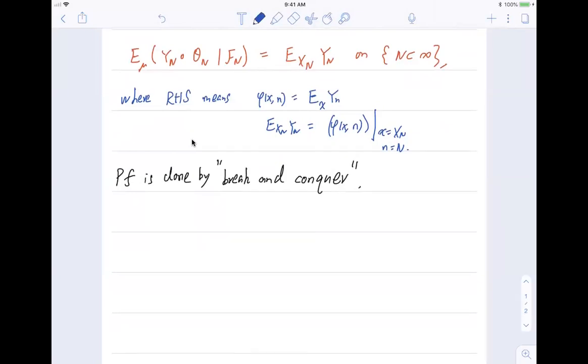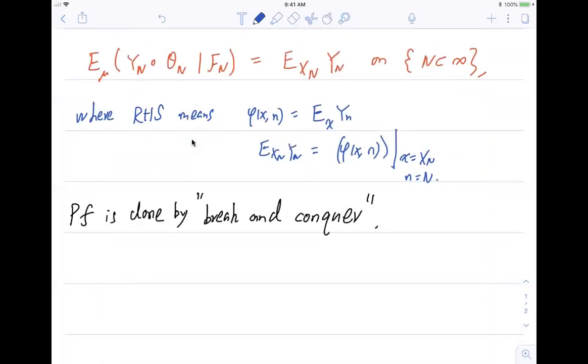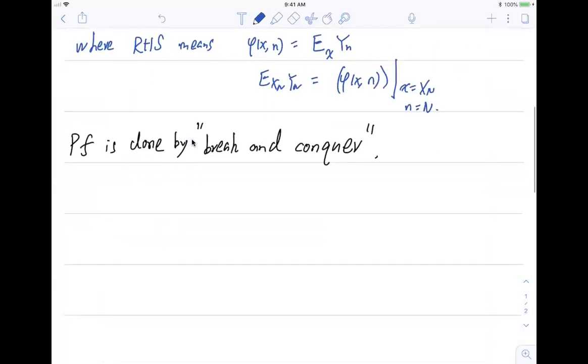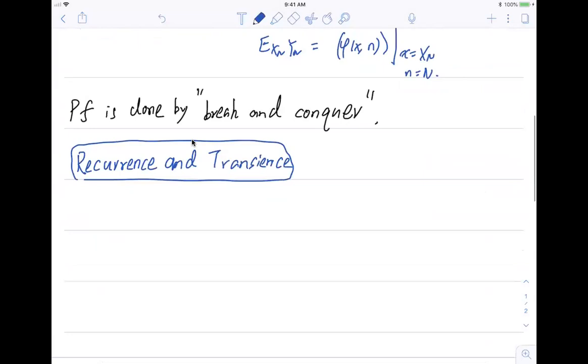But now let's talk about a few applications, starting our discussion on recurrence and transience.